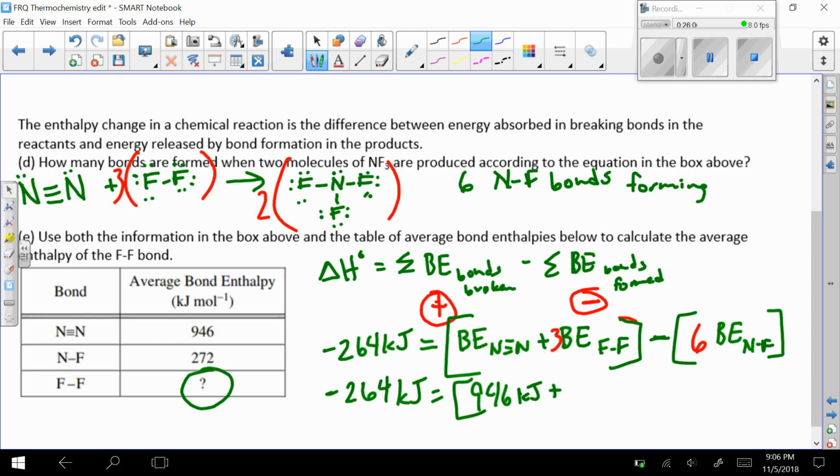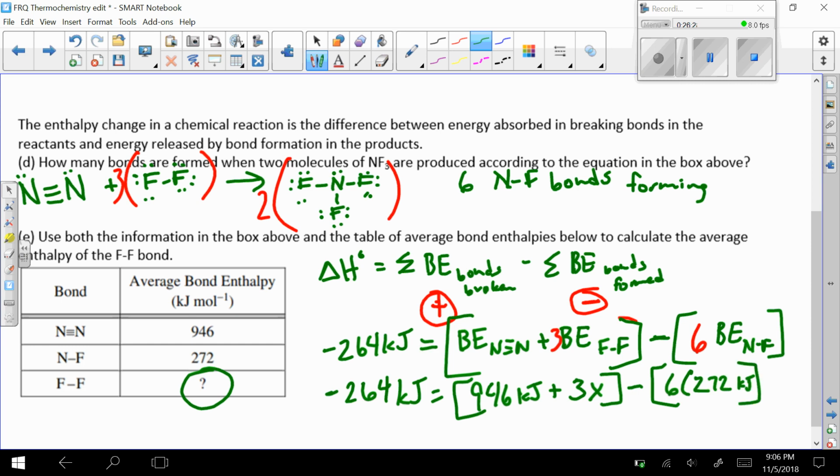The bond energy of the fluorine-fluorine bond, oh, that's the one we don't know, so we'll call that X. So we have 3 times X, the one we don't know, minus 6 times the nitrogen-fluorine bond, which we do know, and that one is 272 kilojoules.